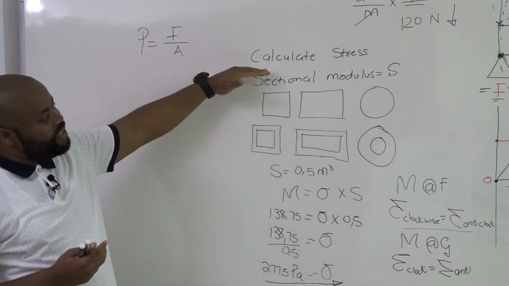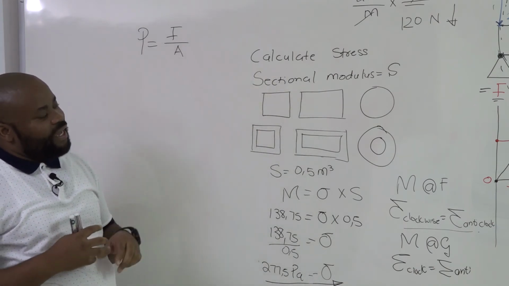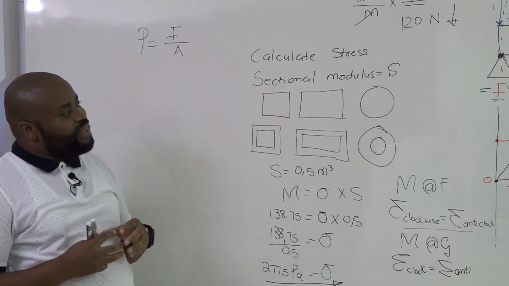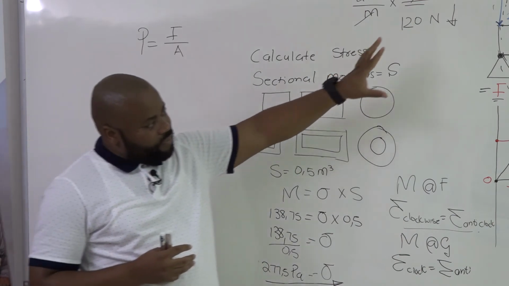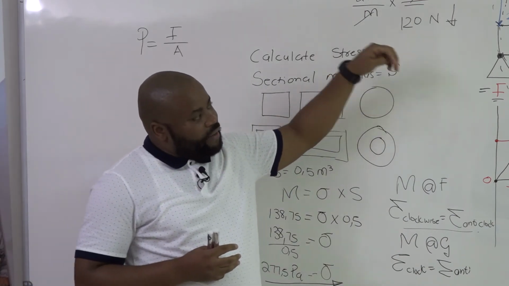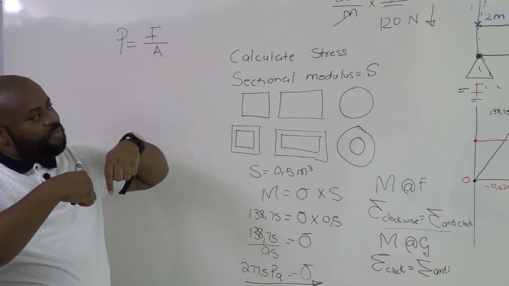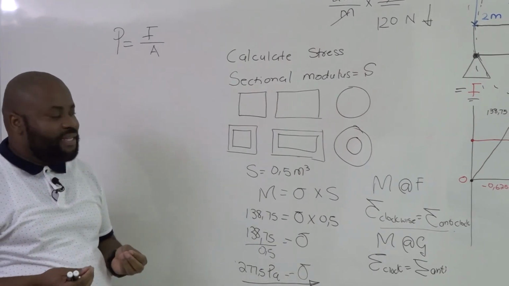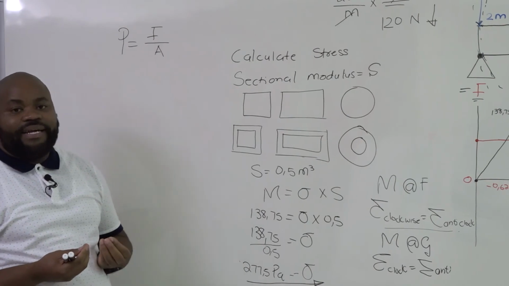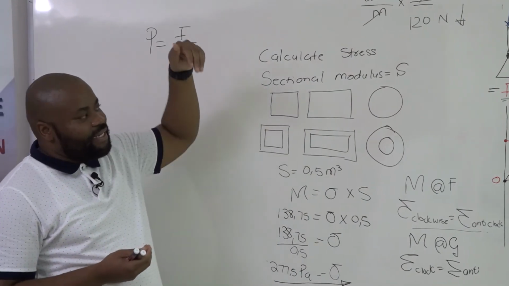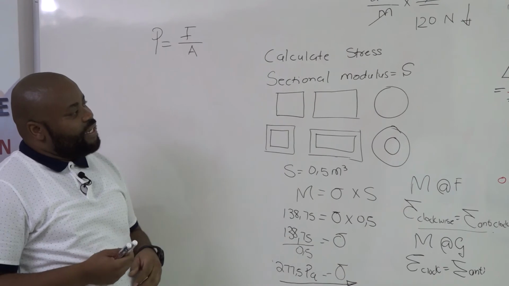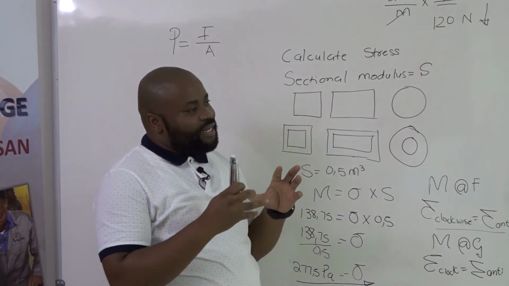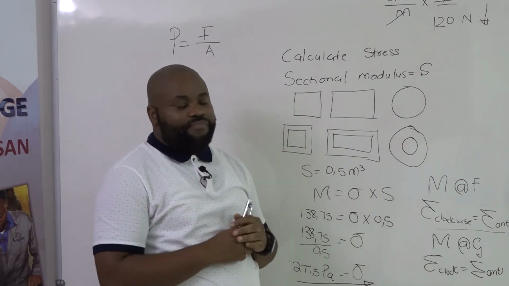So when we calculate stress, we check what level of stress exists when the beam is under this type of pressure. Pressure from forces coming from the top going down, and also the pressure coming from the reactional forces that are balancing the downward forces. It means that you are talking to the atoms that exist in the beam.